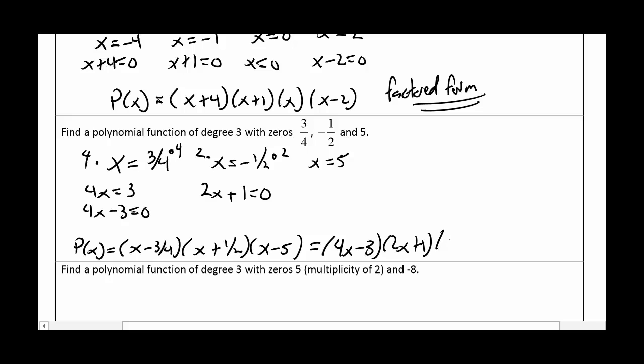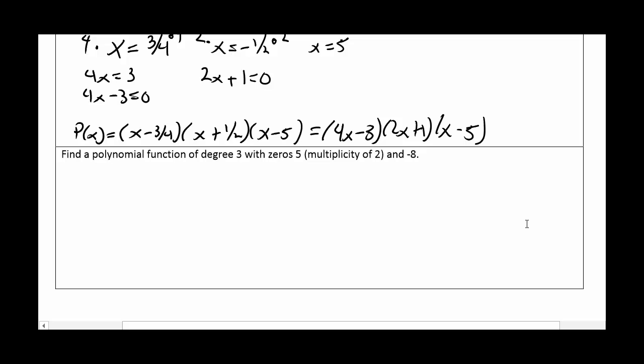And of course x minus 5 for the last one. And so just be aware that you'll see both forms of it. So yes, I understand x minus 3/4 technically is factored form, but also 4x minus 3 is appropriate for that one.